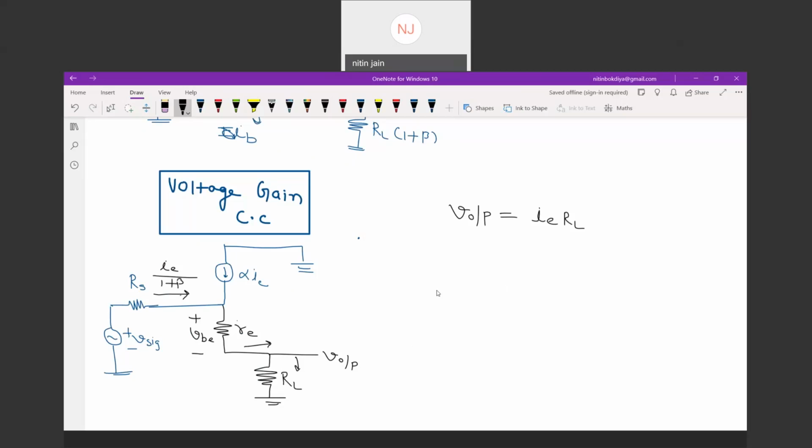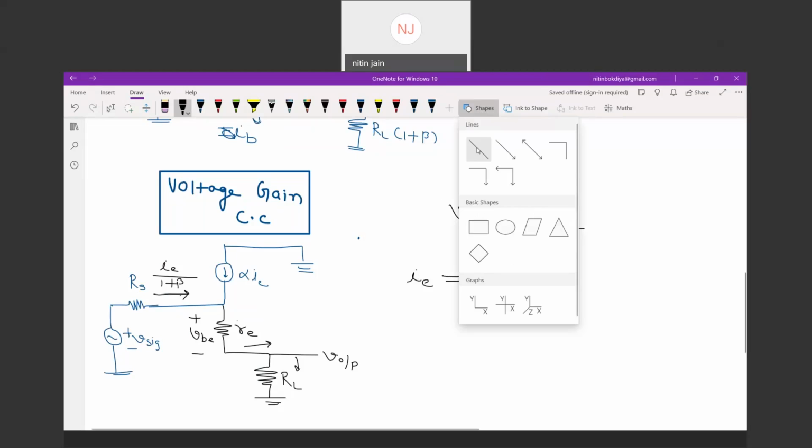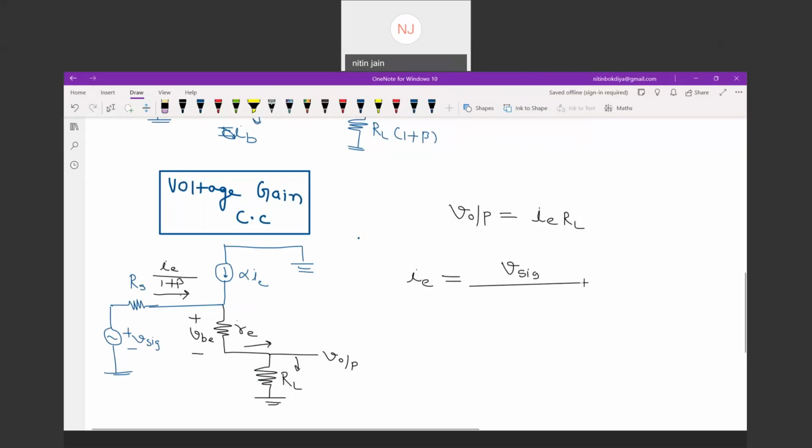So you can say the current IE is given by V signal, which is the input, divided by RS divided by 1 plus beta, plus re, plus RE, plus RL.